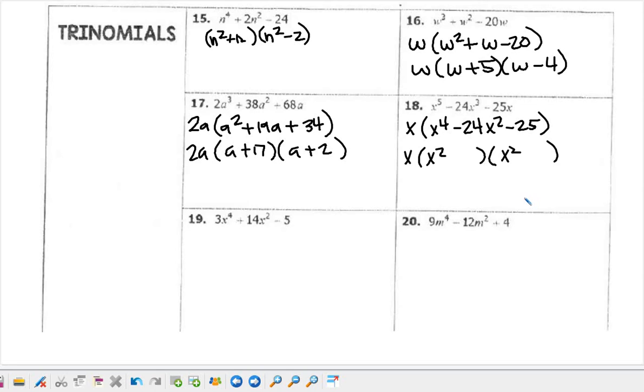And the factors of negative 25 that add to be negative 24. Obviously, it's negative 25 and positive 1. So we have three factors, but we still have 5 zeros because we have 2 here, and 1 here. Okay, just to kind of keep things in perspective.